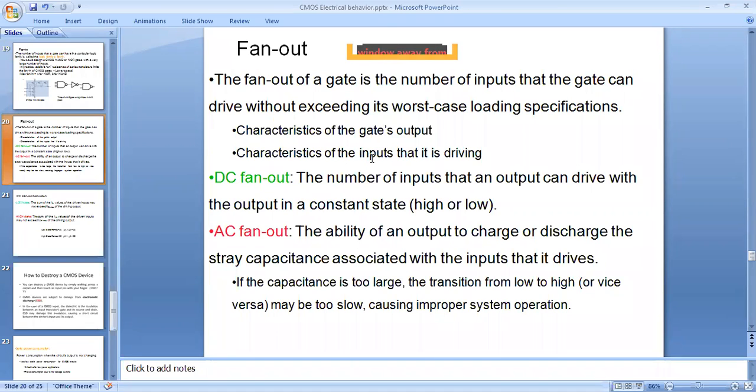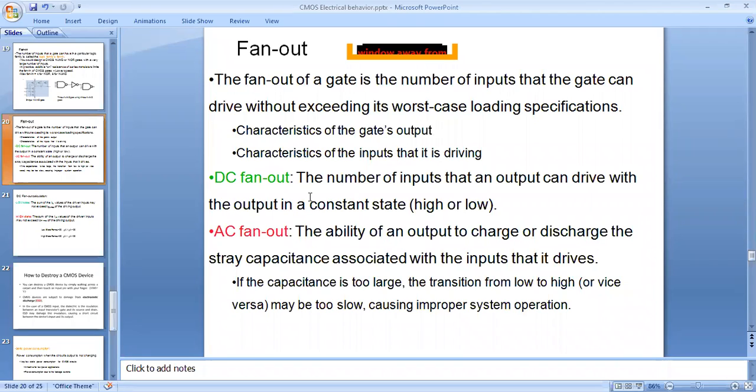Totally, the outputs of our circuit act as input for another circuit. So it is mentioned as the characteristics of the inputs that are driving. Driving means outside. So totally, our CMOS output fan out depends on these two parameters.